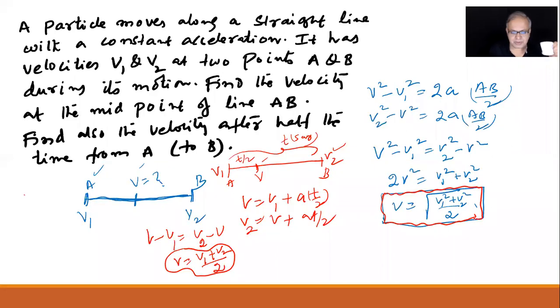These two examples, two results, you try to understand something about the accelerated motion. After half the time, it's becoming (v1 plus v2) by 2, but not after half the distance. Can you comment on this?